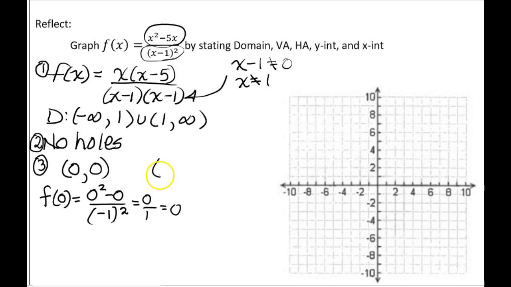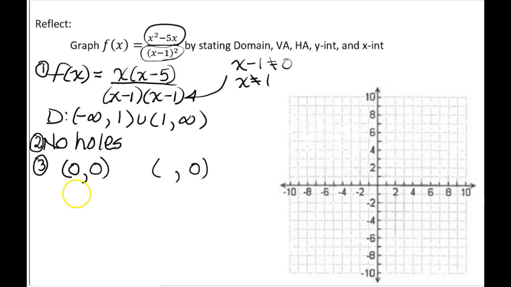The other intercept is when we let the y value equal 0. So let me show you what that looks like. Instead of having f of x, we're going to let that y value, f of x, equal 0, and we have x squared minus 5x over x minus 1 squared.